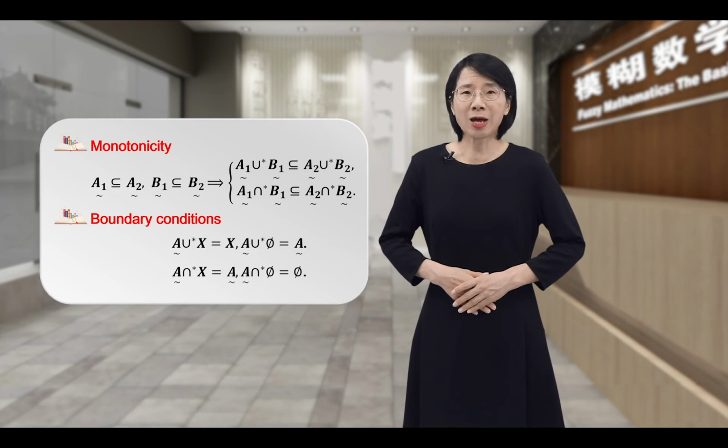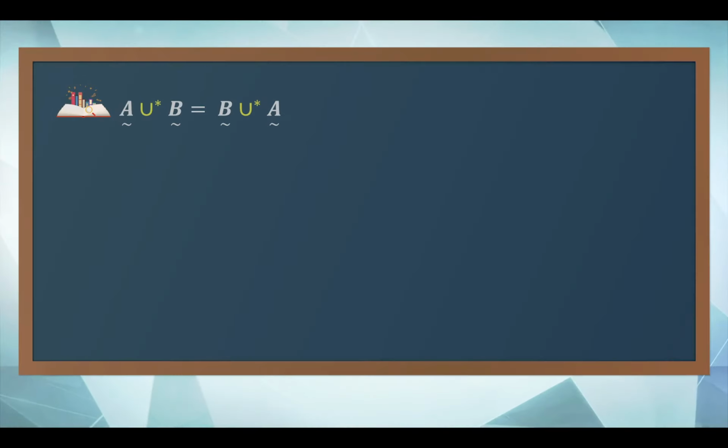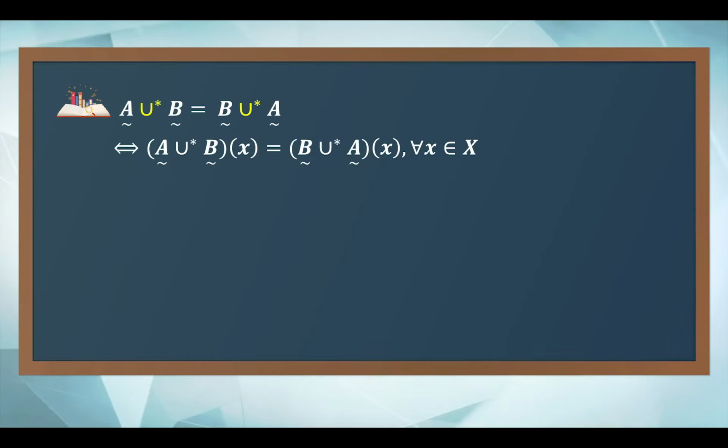First, let's take a look at the first equality of the commutative laws. If the generalized union of A and B is the same as the generalized union of B and A, then the generalized union of A and B at x is the same as the generalized union of B and A at x for all x.